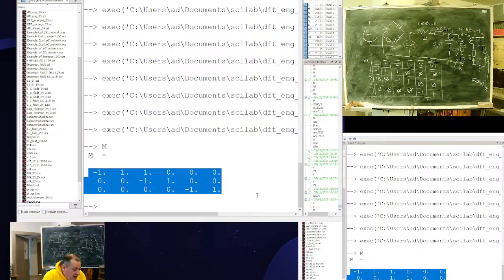For each ideal component, for each harmonic, we will have its own resistance or EMF. What's the frequency? 300 Hertz, yeah? F equals 300.